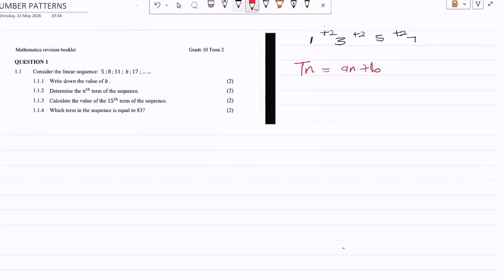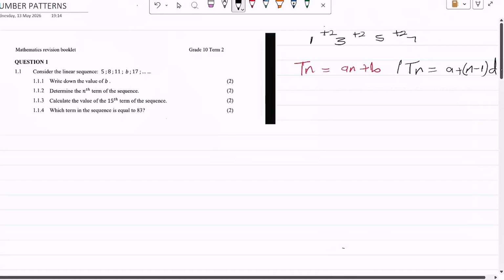Or your teacher could have used this formula: Tn is equal to a plus (n minus 1) d. Both the formulas are fine. You just have to use the one your teacher introduced to you. But in this session, we are going to be using this formula. If there's anyone who would like us to use the other formula as well, you can just let me know.